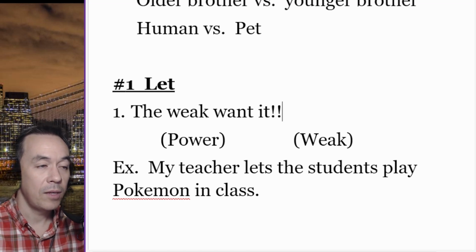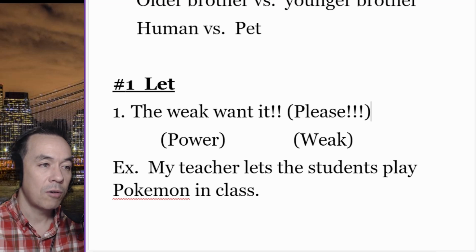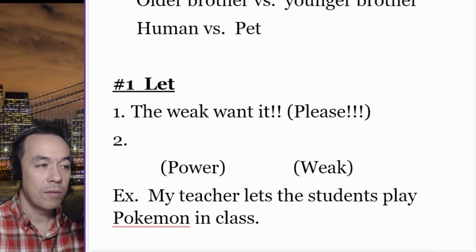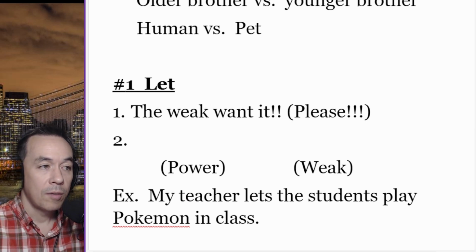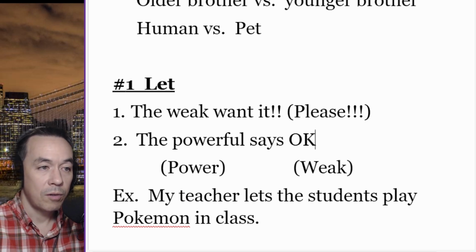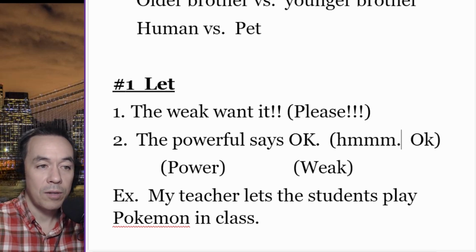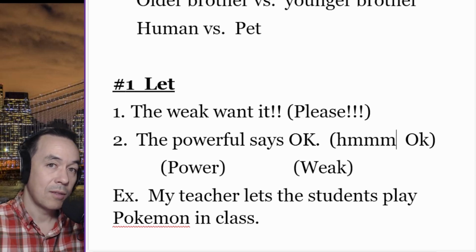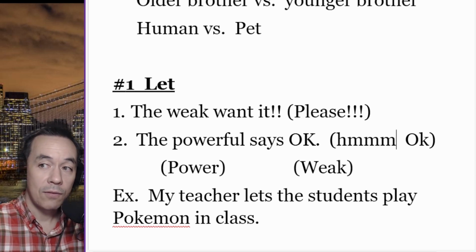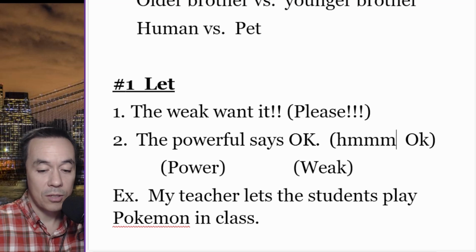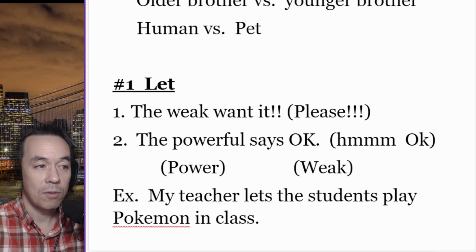Yes, please, it's our request. We want it. And then number two, the powerful says, okay, yes, you can. And that's why a textbook says it's about permission. It gives permission to the student, to the child, to the pet.